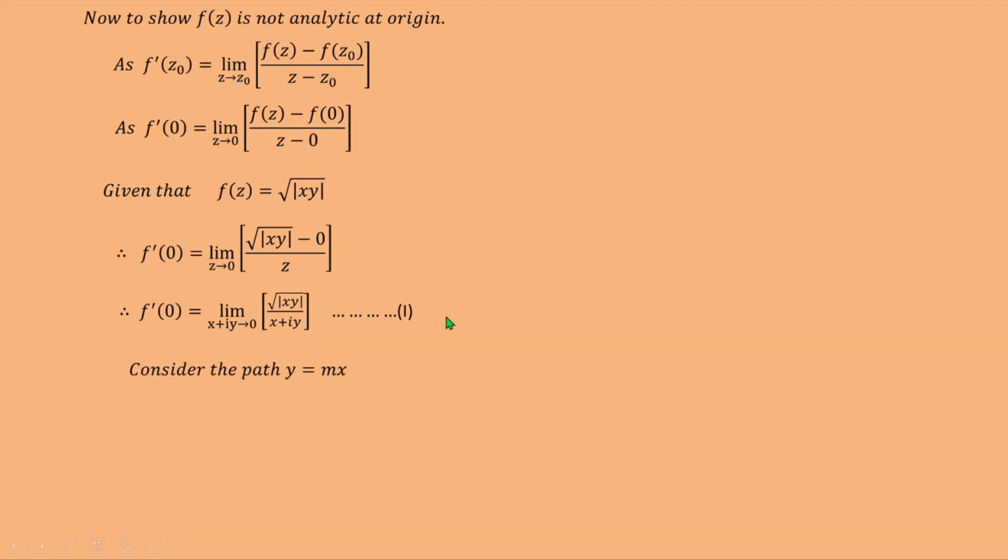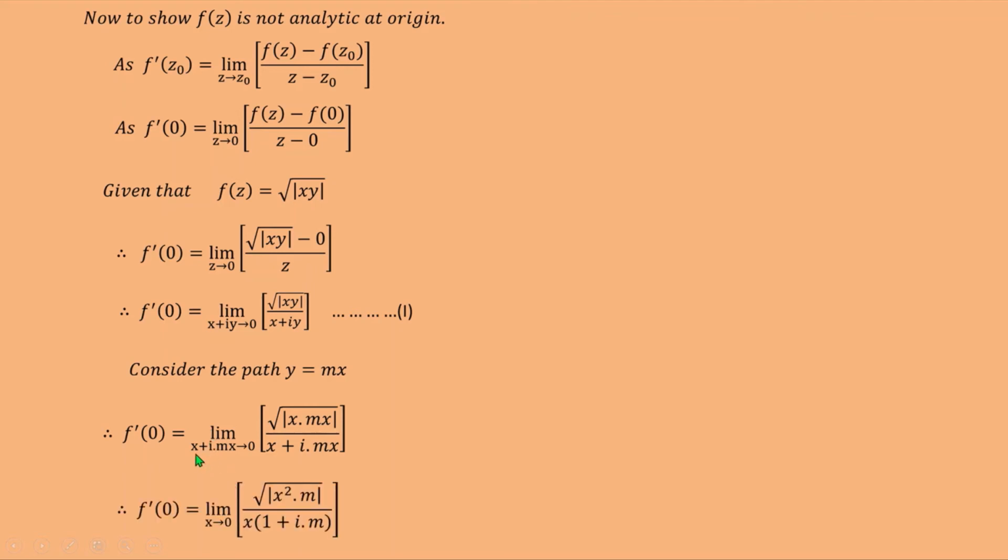Now consider the path y = mx. And so we get f'(0) is equal to the limit as x + i(mx) tends to 0, root of mod of x into mx upon x + i into mx. Here x tends to 0 as well as mx tends to 0, means x tends to 0, and therefore finally we can write this limit as the limit as x tends to 0, root of mod of x² into m upon x as a common, 1 + i into m.